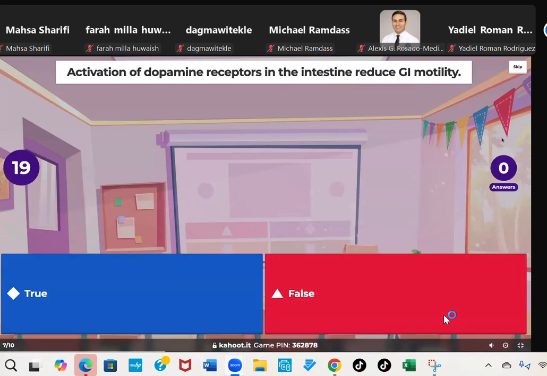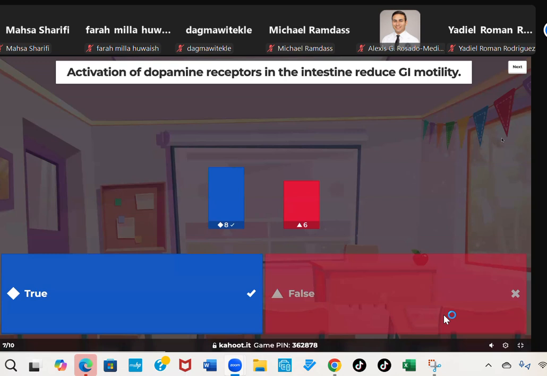Again, very similar: activation of dopamine receptors in the intestine reduces GI motility. Again, probably half of you are just guessing at this point. That has to do with how the opioid receptors, dopamine receptors, and all those interact with acetylcholine release.